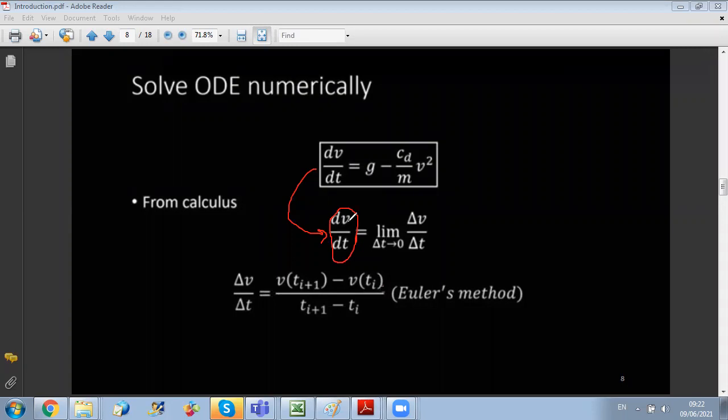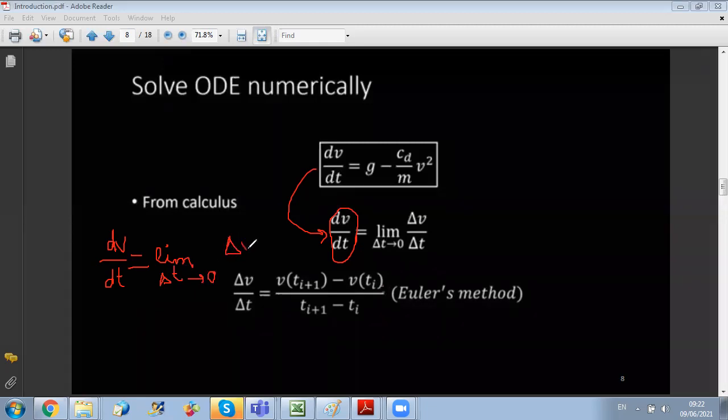You know that analytically, a derivative is defined as dV by dt is the limit when delta t tends to 0 of delta V over delta t.